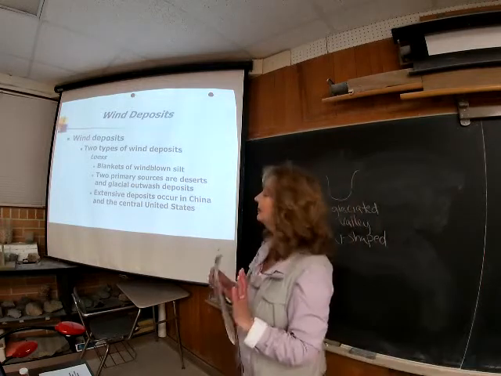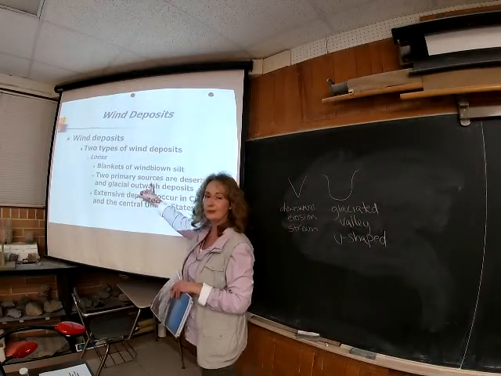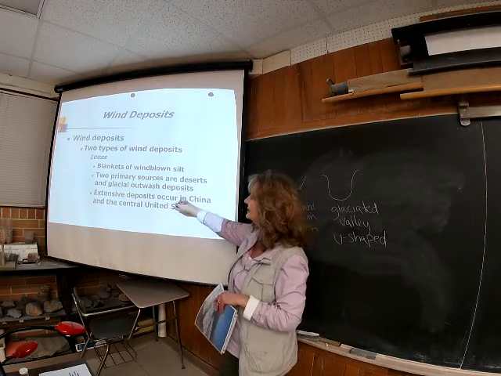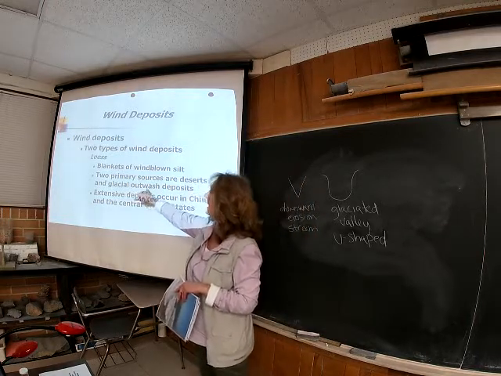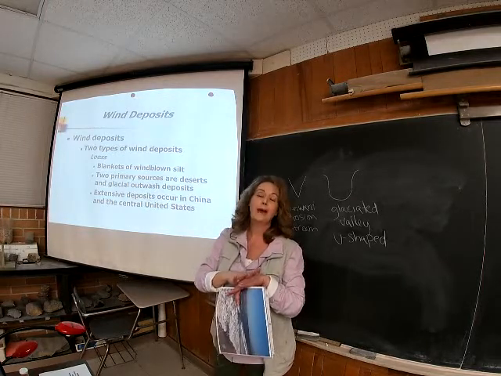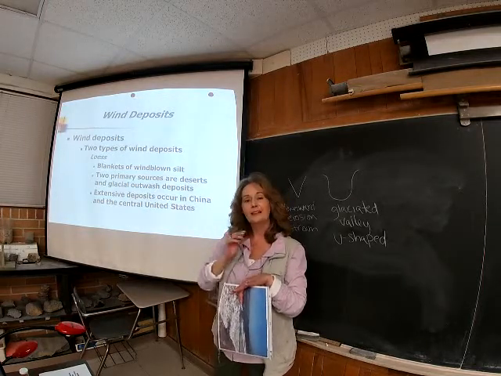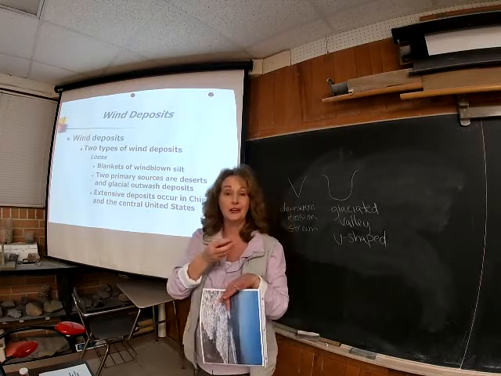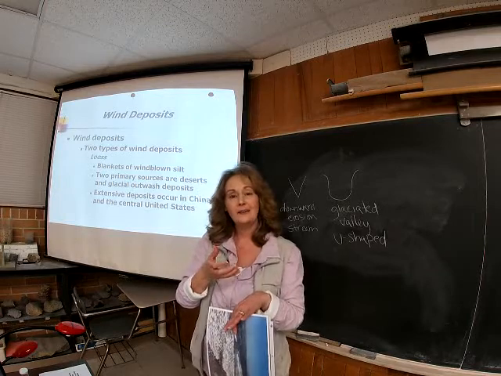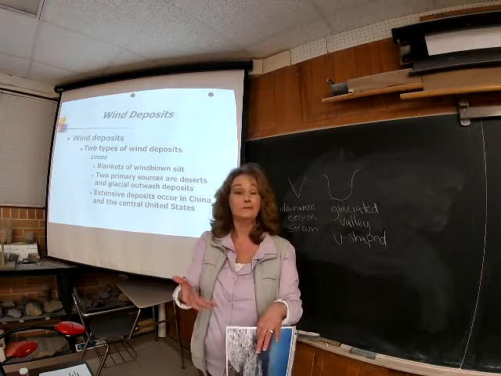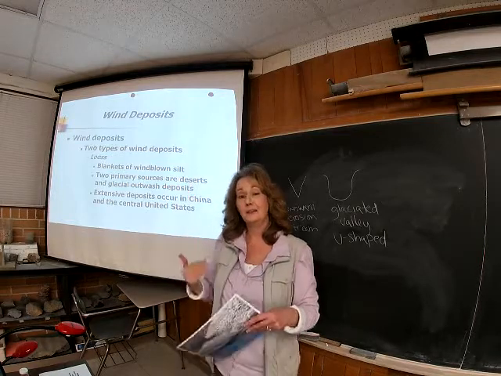So they're talking about two primary sources for loess, this windblown deposit. One is a glacial outwash deposit. So glacial action, erosion has really just pretty much abraded that sediment into rock flour. So very, very fine silt. And then the wind picked it up and deposited it, right?